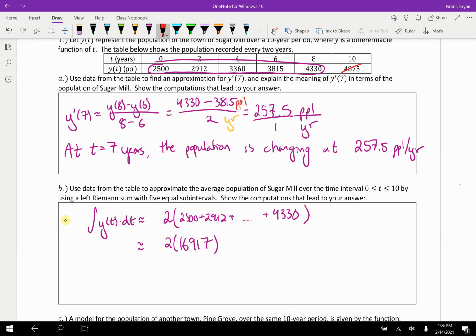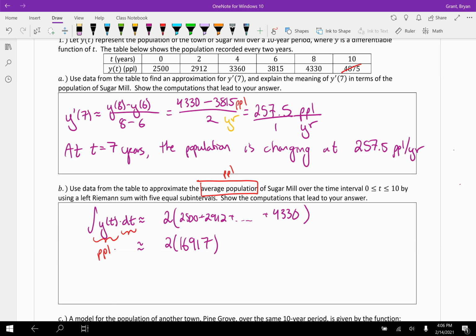They wanted us to approximate the average population. Now, what are the units of average population? Well, that's just going to be people. On average, there were this many people in the town. But if I look at my units over here, y of t is in people, and we're multiplying that times dt, where in an integration problem, dt is an infinitely small interval on the x-axis.